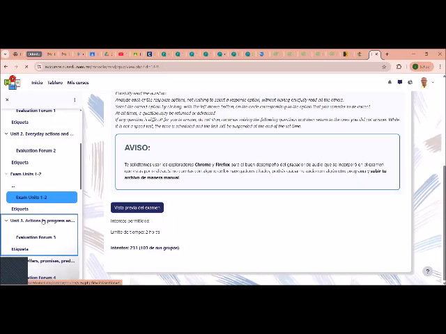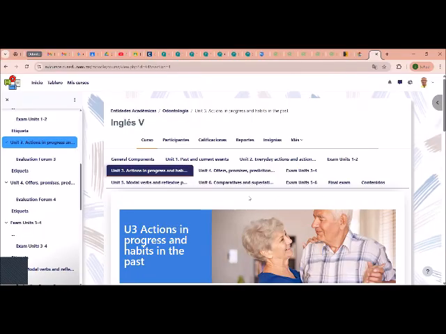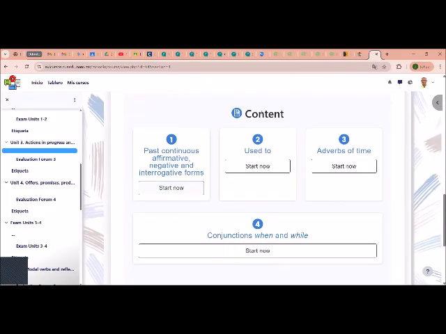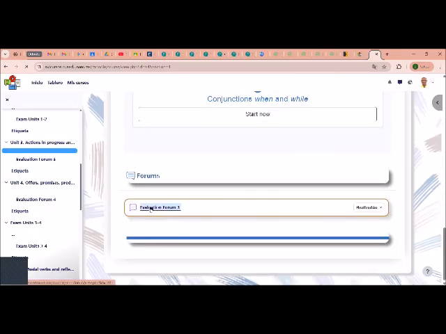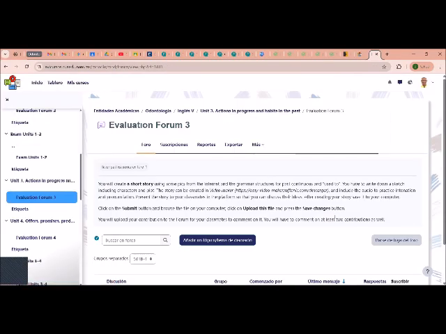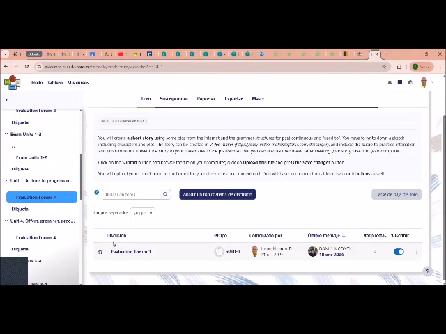In unit 3, we had a forum. So make sure you complete your content evidence folder with your reading, your writing, your speaking and listening and self-assessment activities.